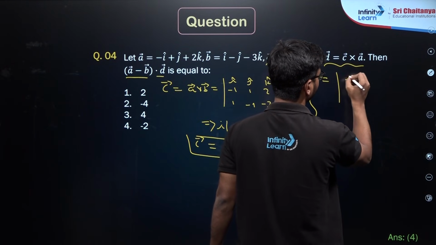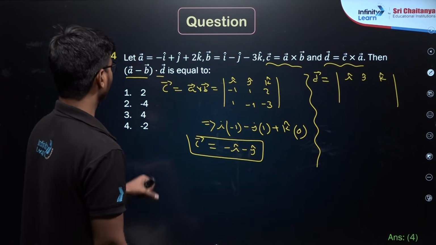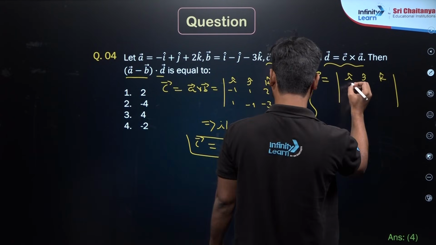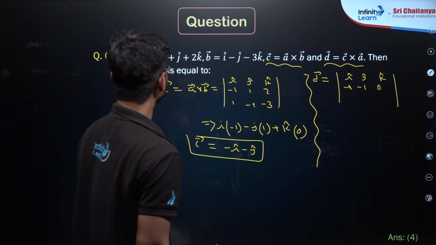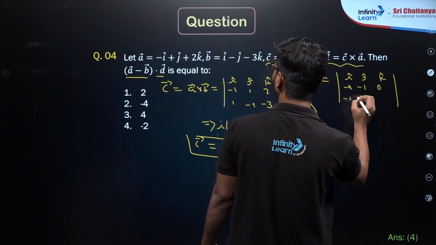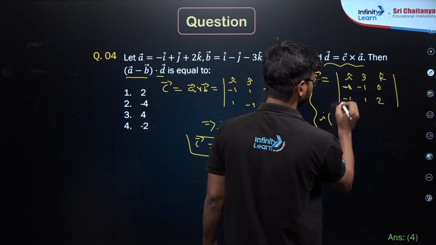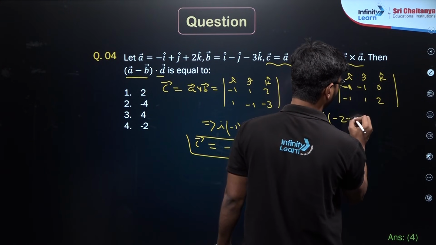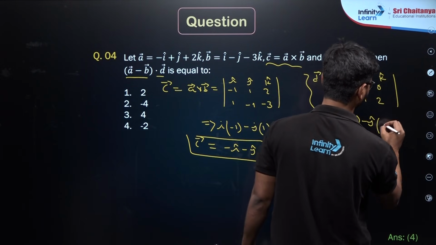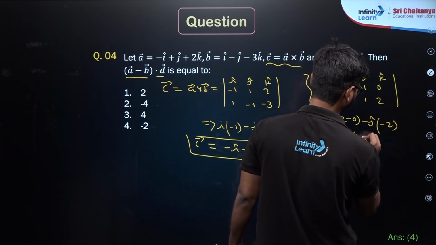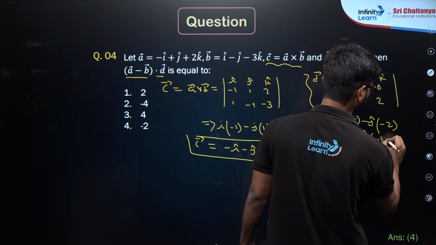So again, cross product means i cap, j cap and k cap. C cross A. Where is the C? C is minus 1, minus 1, minus 1, 0, and A is minus 1, 1 and 2, correct? So i is going to be minus 2, minus 0, minus of j, it will be your minus 2 only, plus k vector will be your minus 1 and it will be your minus 1.